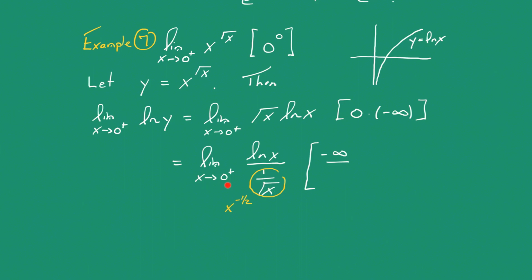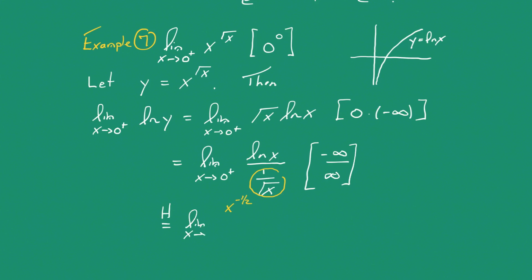X becomes very small and positive. That root x is small and positive. 1 over small positive is very, very large. That limit of the denominator then is infinity. All right, so this is of type minus infinity over infinity, and that means that we can apply L'Hopital's rule to evaluate this limit.